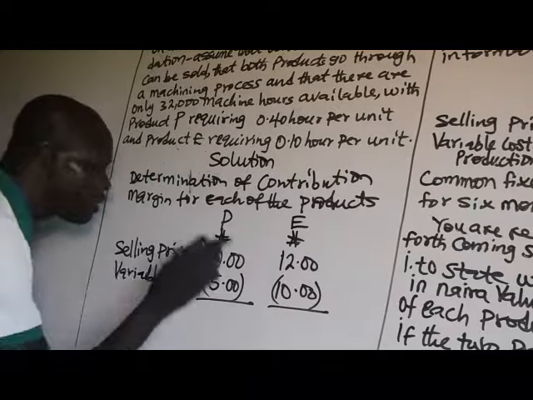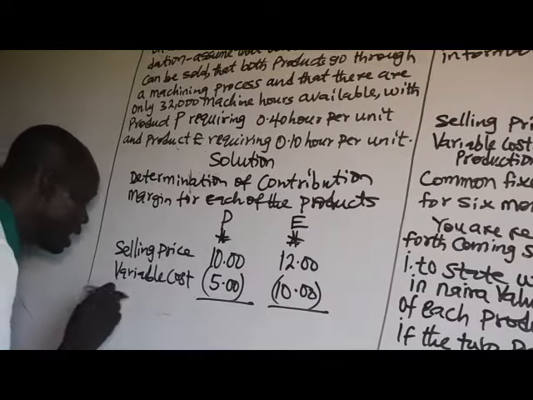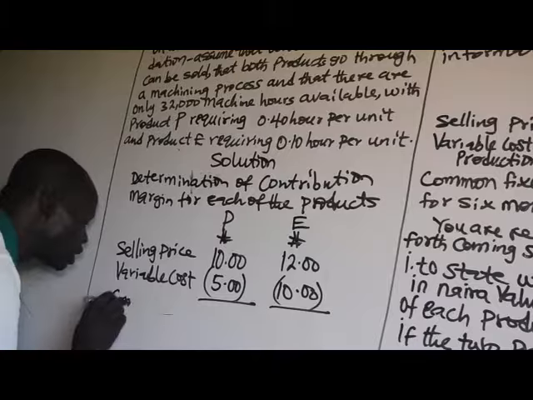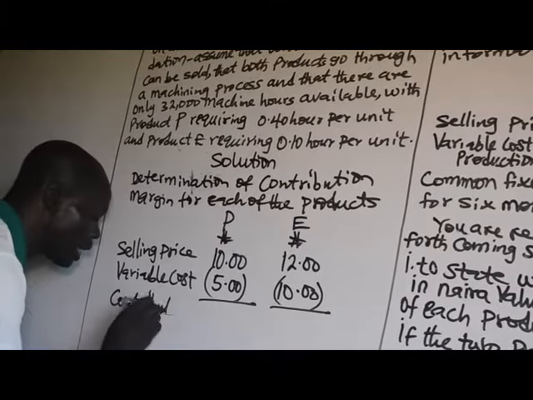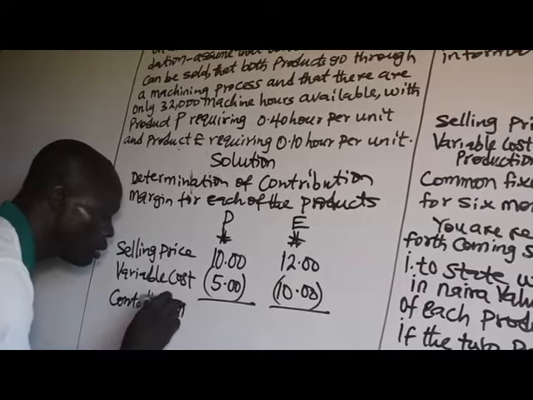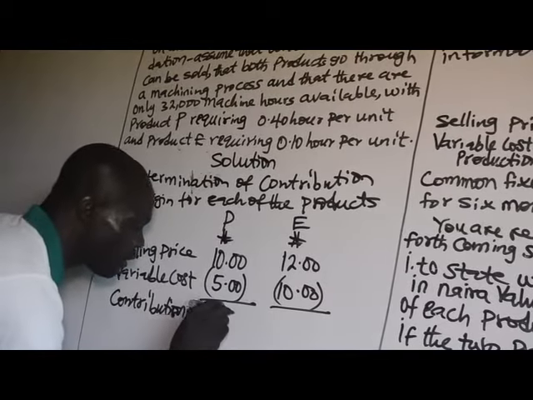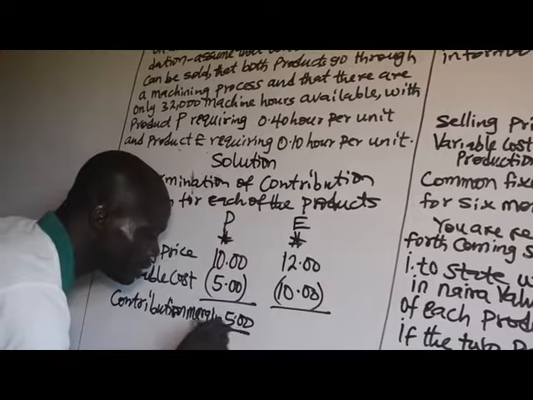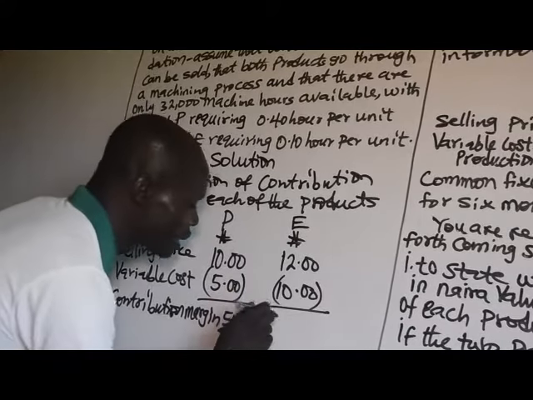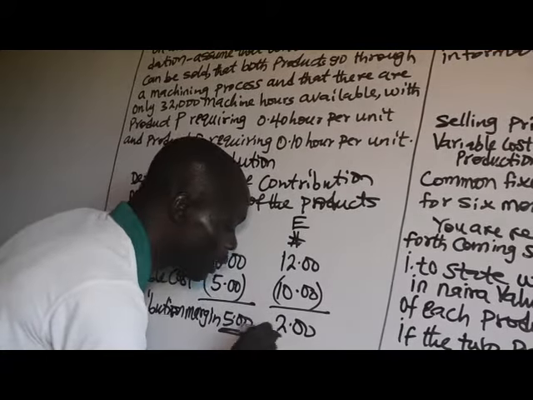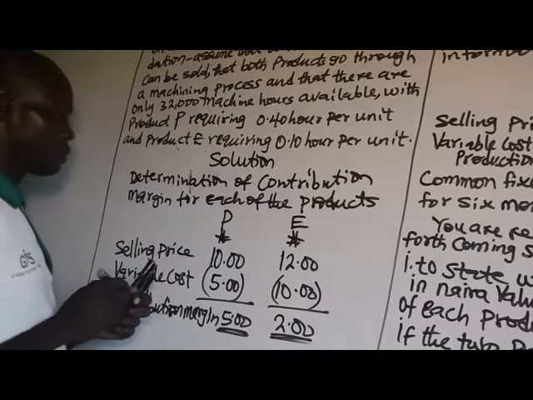By the time you subtract the variable cost from the selling price, you arrive at the unit contribution or contribution margin. 10 minus 5, that will be 5 Naira for product P, and 12 minus 10, that will be 2 Naira for product E.